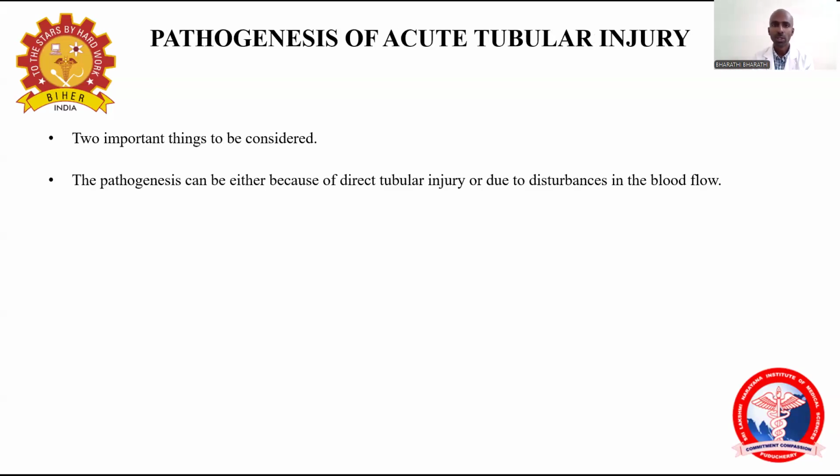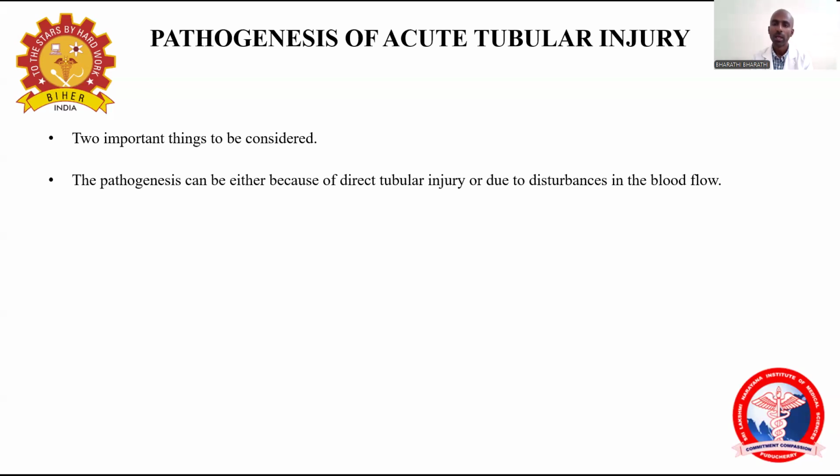So coming to the pathogenesis of acute tubular injury, you should keep two important things in mind. First, the pathogenesis can be either because of direct tubular injury or due to disturbances in the blood flow.